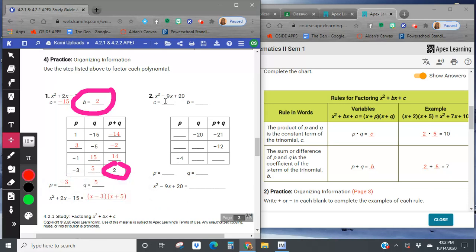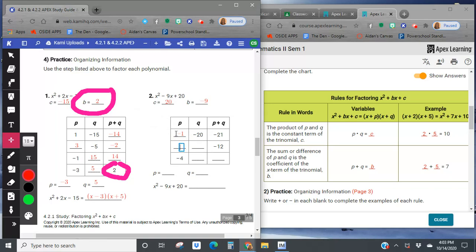All right, what times what equals 20? And adds or subtracts to -9. So what p and what q to get me 20? So this would be a -1 times -20. That's my first possible pair of factors.